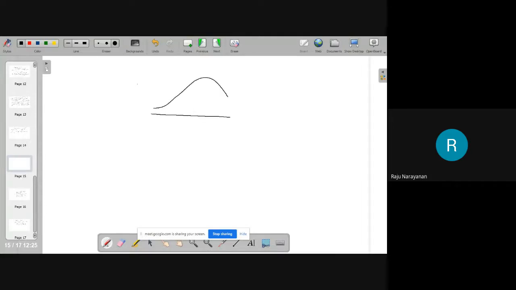Suppose this is the T distribution. It is also a symmetric curve. 90%, therefore the middle part should be 90%. What's the remaining part? 10%. 5% should be here, 5% should be here. What is 5%? 0.05.